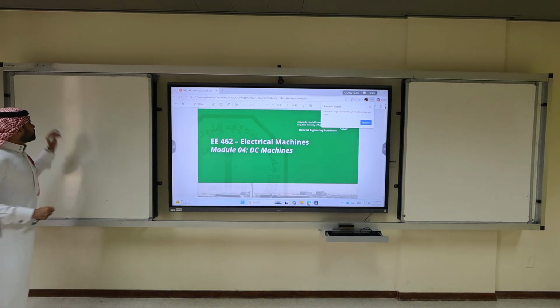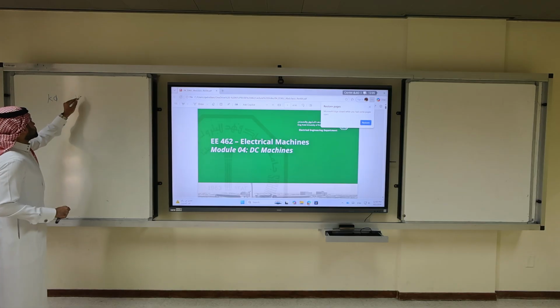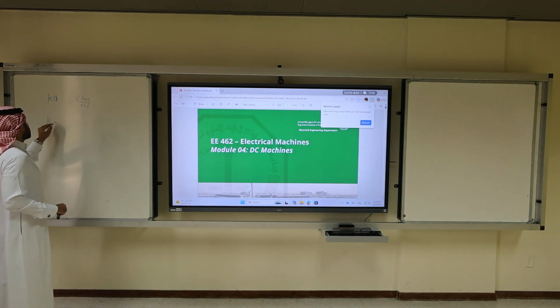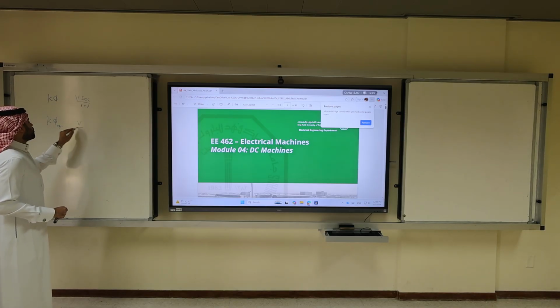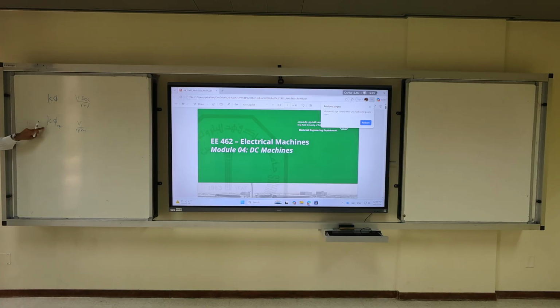Do you remember the difference between K flux in voltage second per radians versus the voltage over RPM? Those two different constants are measured in different units.